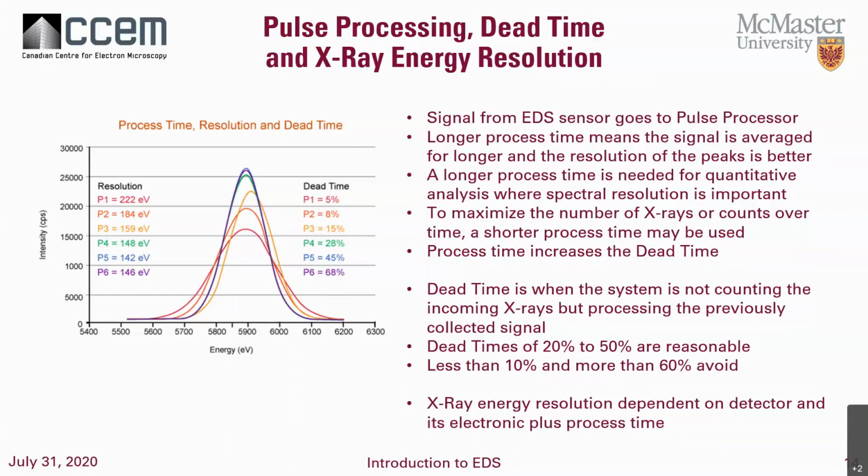And above 60%, especially with older detectors, you will run into some problems with artifacts. With the newer detectors, you'll also start to see some artifacts, and it also takes much longer to collect if you do. The X-ray resolution that we actually get is dependent on the detector and its electronics, plus, as you can see, the process time that we use.